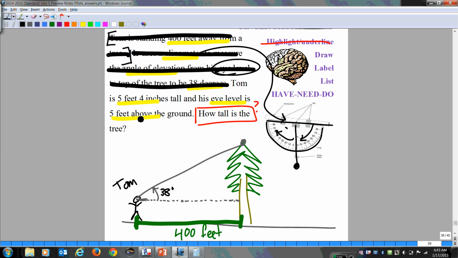Tom is 5 feet 4 inches tall. And his eye level is 5 feet above the ground. How tall is the tree?